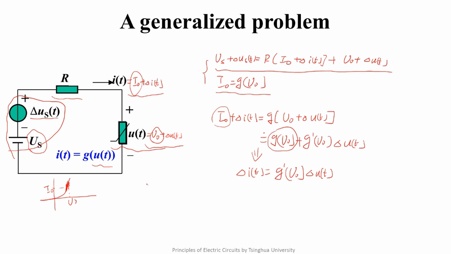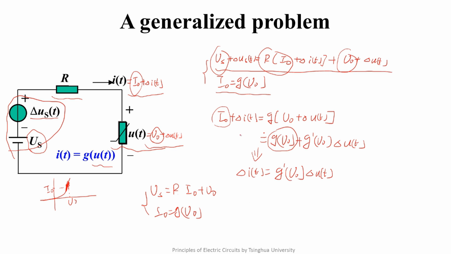The first part is a question for solving the DC working point. That is, Us equals R times I0 plus U0. It is these items. Here, I0 and U0 keep a nonlinear relationship. This is the first part, the circuit solving the working point.